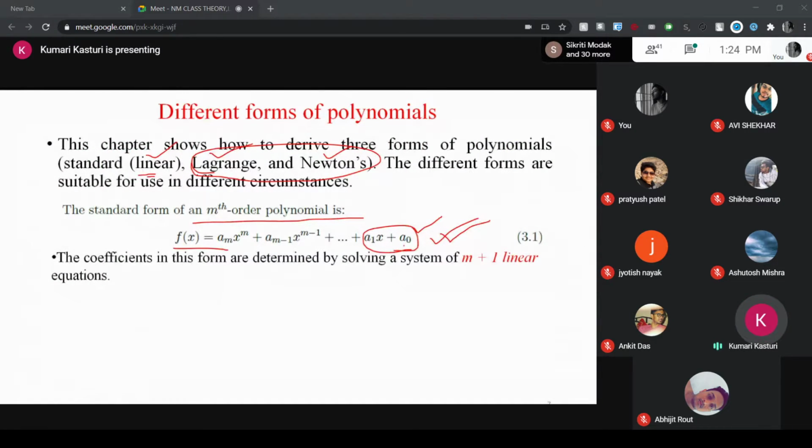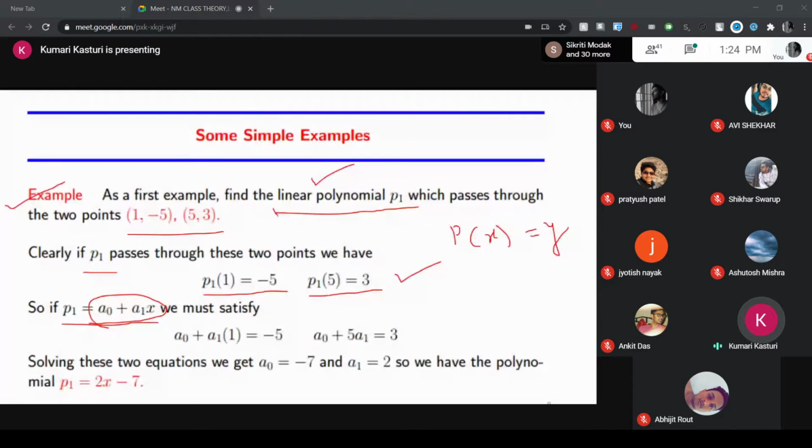So as per the question, if it is mentioned that it is a linear polynomial, your polynomial should be in this form. Now in place of P1 and x, we can put our coordinate values. First, a0 plus a1 of 1 is equal to -5 as per the first coordinate. Second, a0 plus 5a1 is equal to 3 as per the second coordinate.